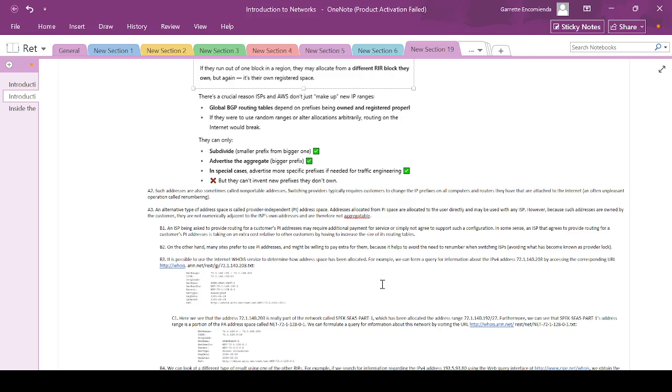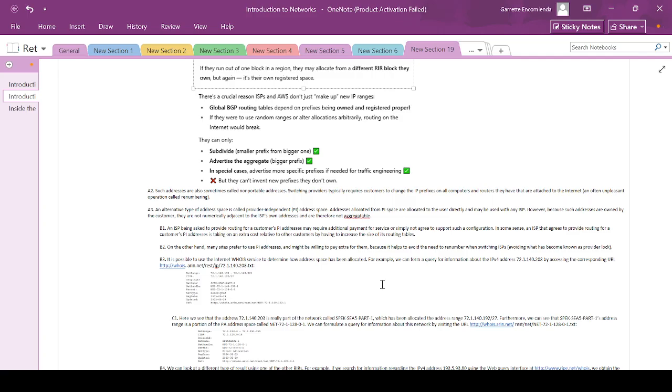They can only subdivide a smaller prefix from a bigger one and advertise the aggregate bigger prefix. So they will advertise the bigger prefix, but subdivide it into smaller prefixes to provide to the customer.